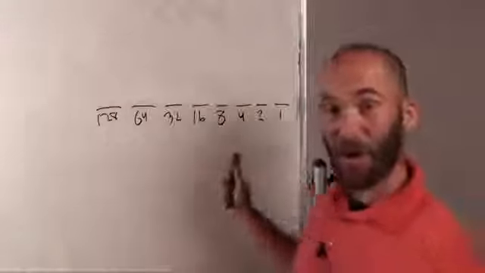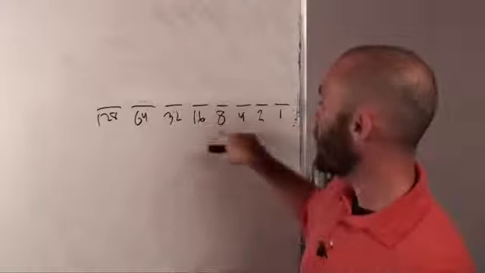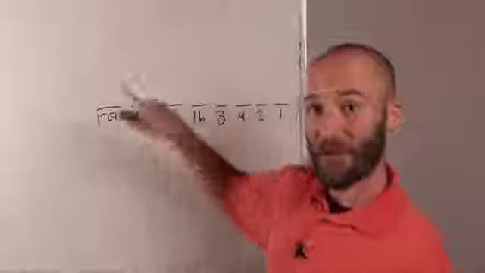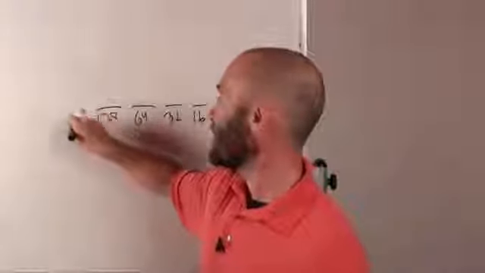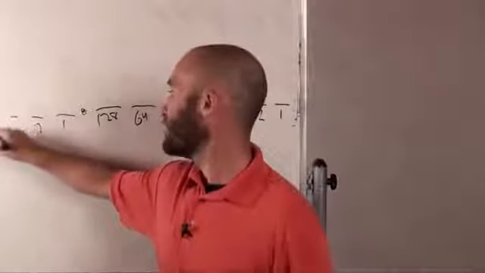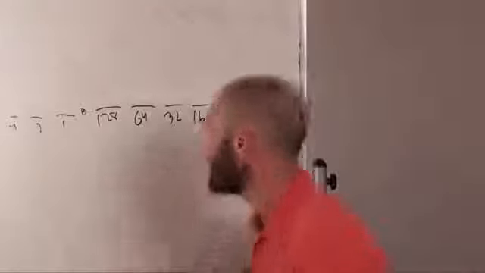So these are the number values for these octets. So this is 1, 2, 4, 8, 16, 32, 64, 128. Then, if you go to the next octet, you start over again. So 1, 2, 4, 8, etc.